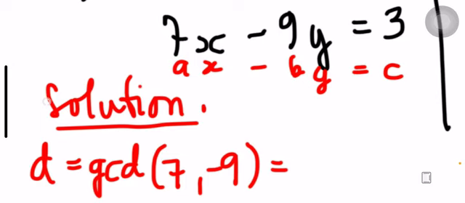One thing you can see here is that 7 is a prime number. We have a remark, or a theorem maybe, that whenever you find the GCD of any two numbers, and at least one of them is a prime number, then they should be relatively prime. So the GCD d is going to be 1, which makes things easier for us, because 1 is a factor of all numbers.